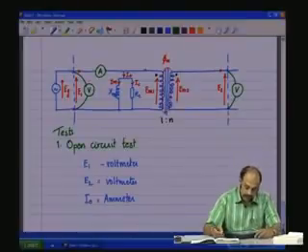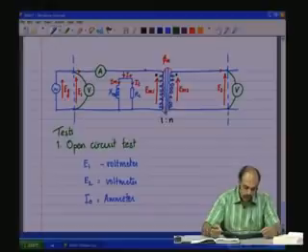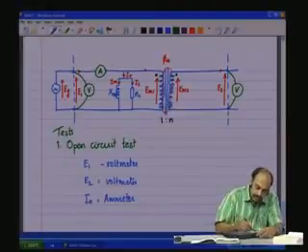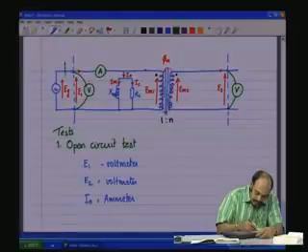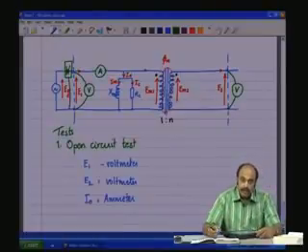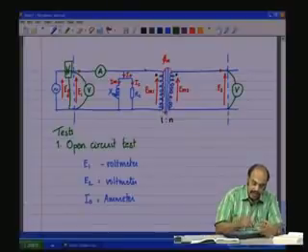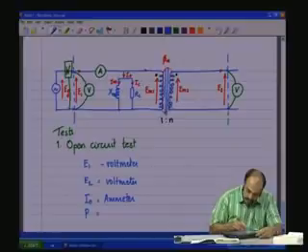Then we could do one more thing. We could measure the active power that is taken from the source by connecting a wattmeter at the primary side. This measures the active power that is taken from the source. So, we will be obtaining P, which is obtained by connecting a wattmeter.